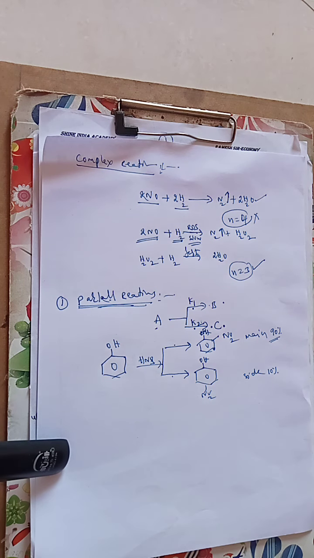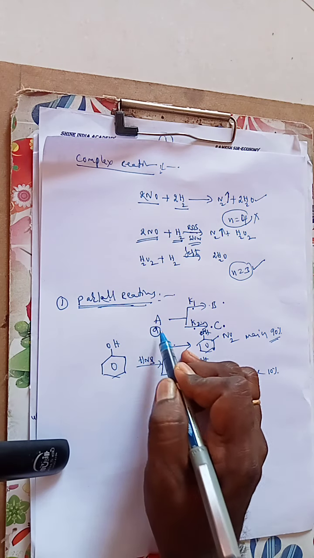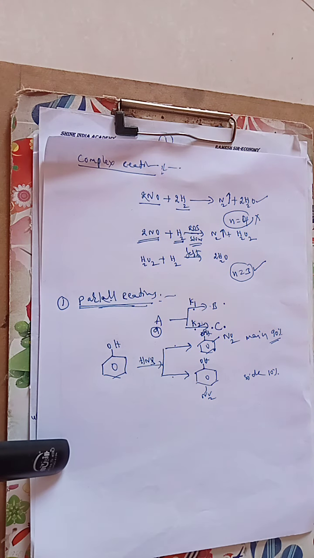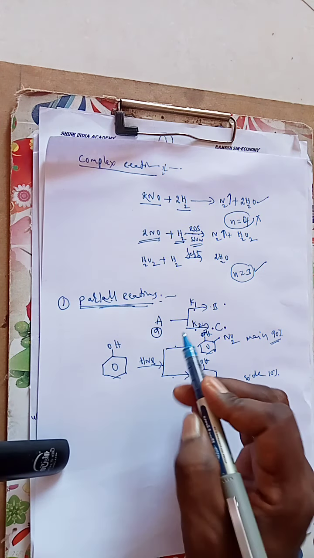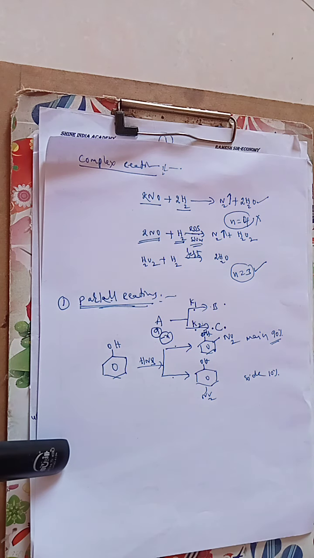Here, a is the initial concentration of A. After some time, A has lost x concentration. What happens?